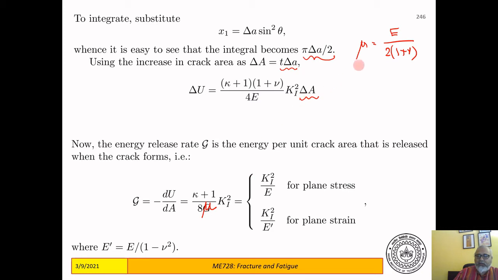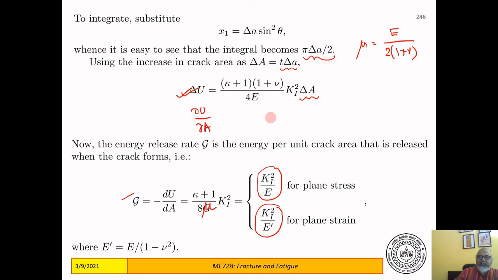So once you use that, you get this very useful relation that G is equal to K1 squared by E for plane stress, and K1 squared by E prime for plane strain, where E prime is E by 1 minus nu squared. Remember here that what we have calculated is delta U by delta A, which is the energy required to close the crack.